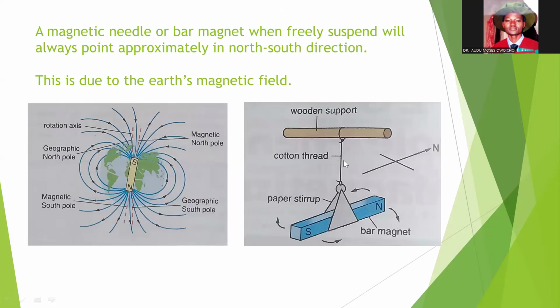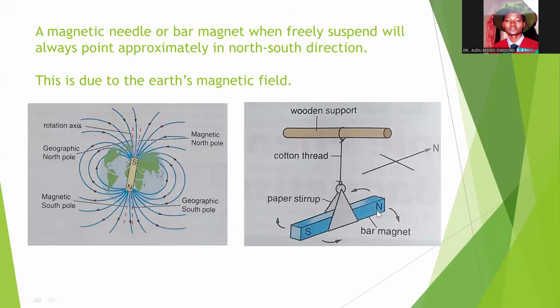I earlier told us that when a bar magnet is suspended freely, it always points in a south-north direction, and I said I would explain the reason later. The reason is due to the Earth's magnetic field. Like we saw earlier from the law of magnetism, unlike poles attract.